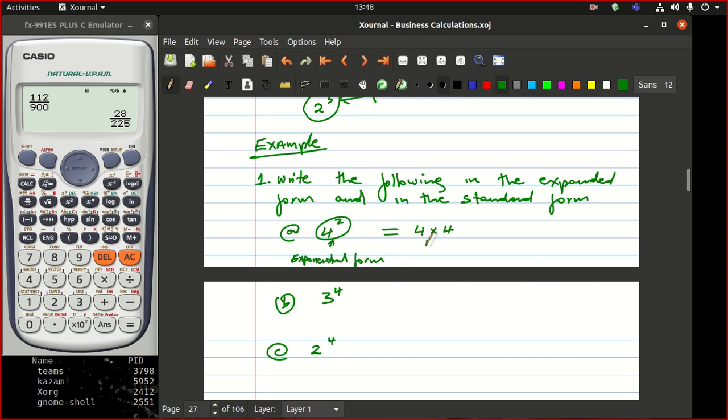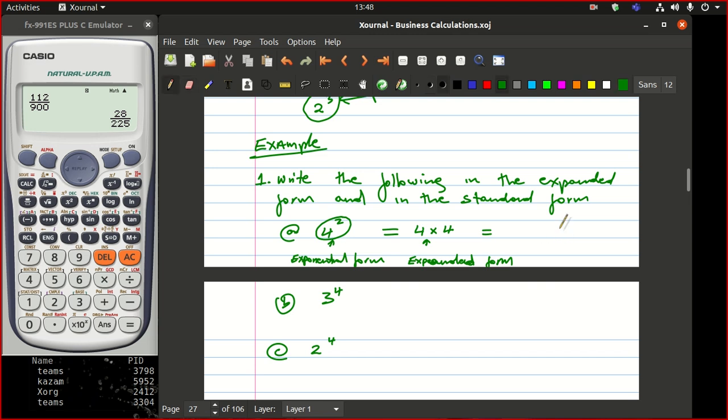So this one, we usually say, is written in an expanded form. And the standard form here, 4 times 4, we know that it is 16.